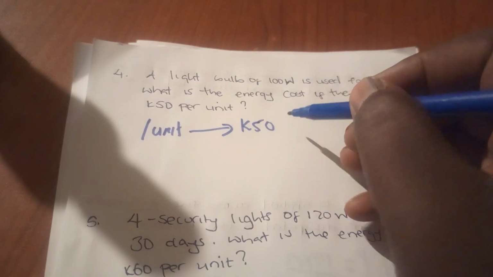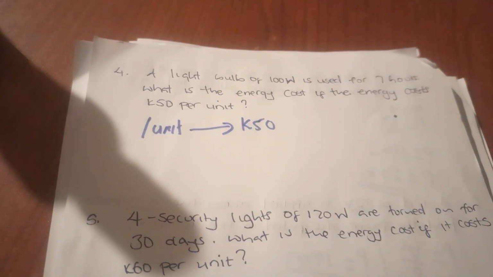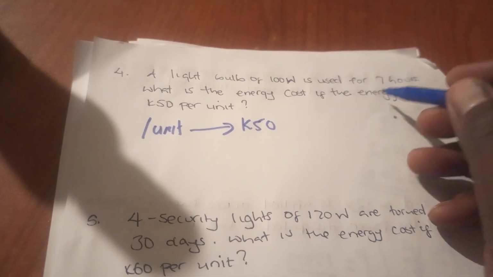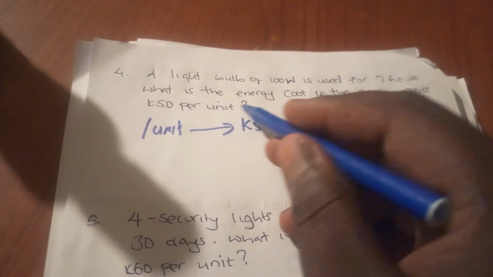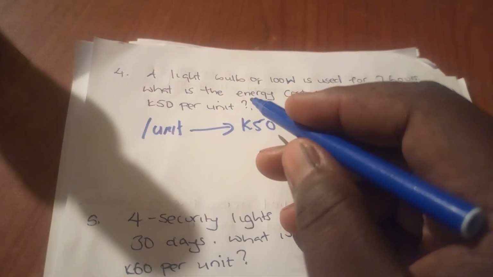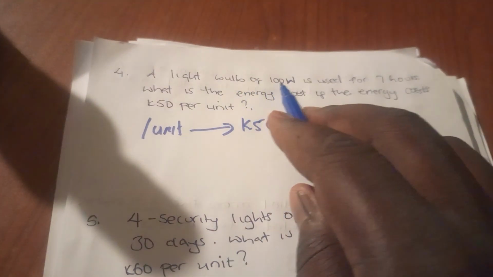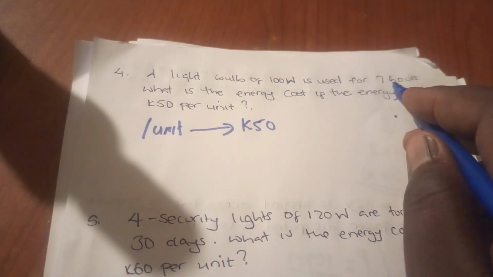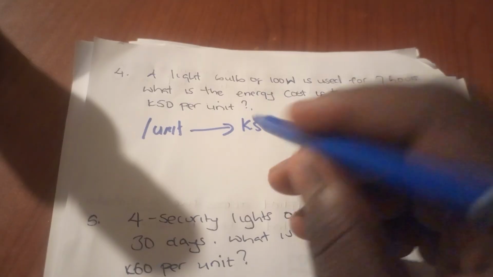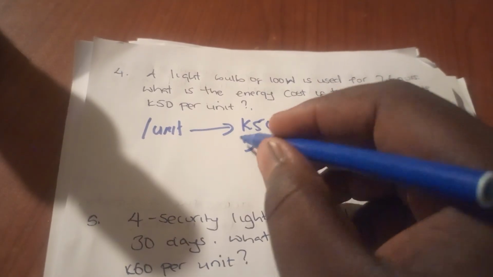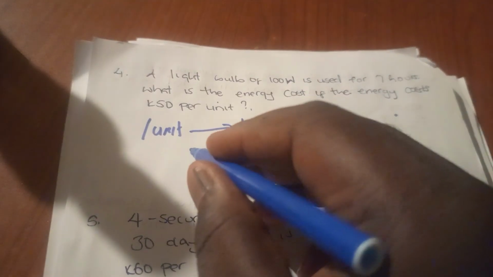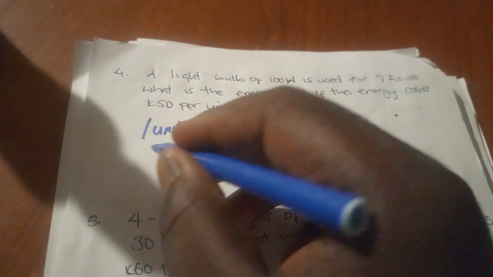Then what's the energy cost? It means we're finding money here, which is x here. So put x here. Then we need to find energy.